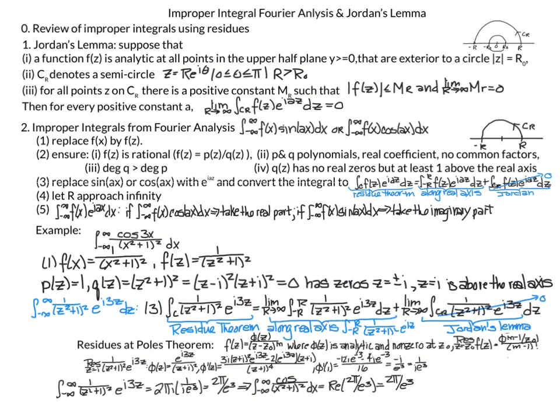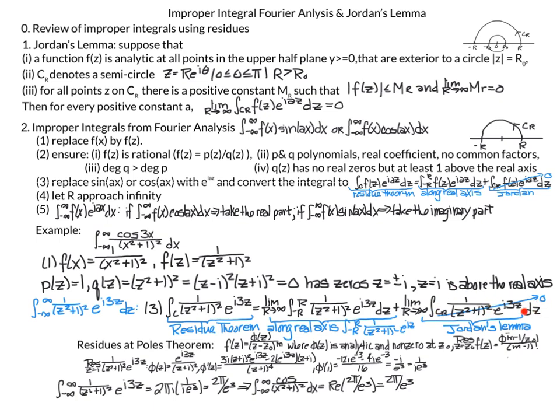This entire integral we can break up into two parts. The integral along the real number line, limit as r approaches infinity, from negative r to r, of 1 over (z squared plus 1) squared e to the i 3z dz. And again, this is along the real axis, so later we can convert this to x's instead of z's, plus the limit over this semicircle, as r approaches infinity, over c sub r of 1 over (z squared plus 1) squared e to the i 3z.